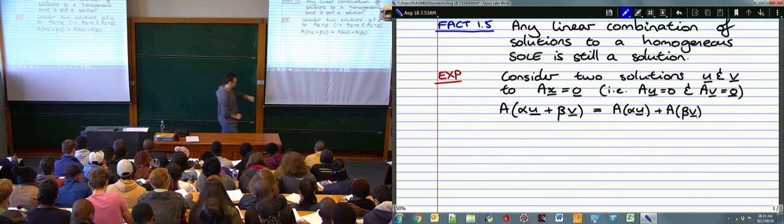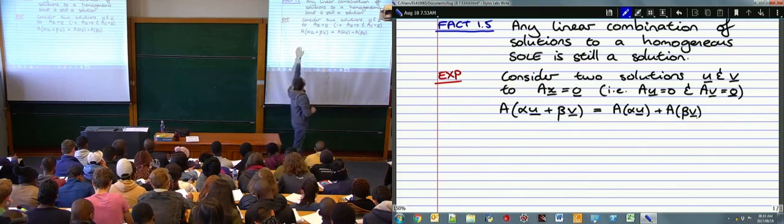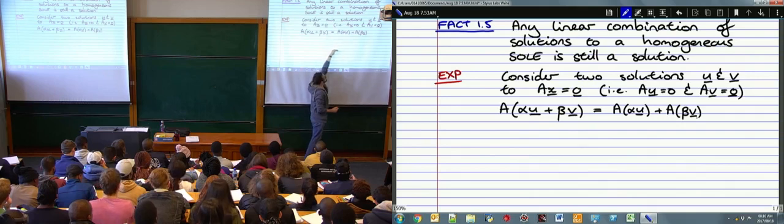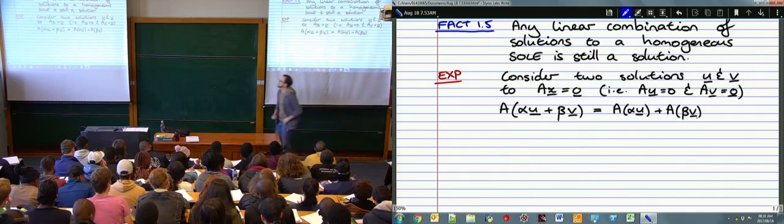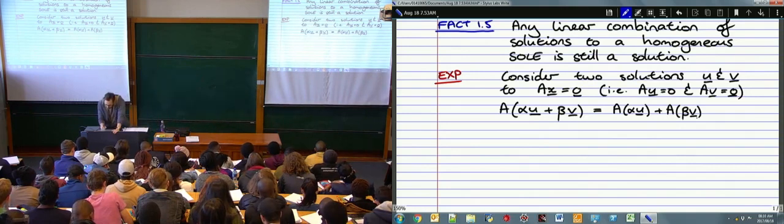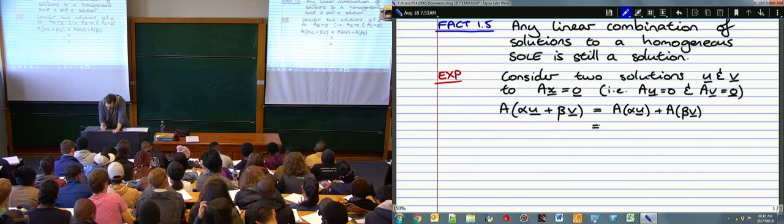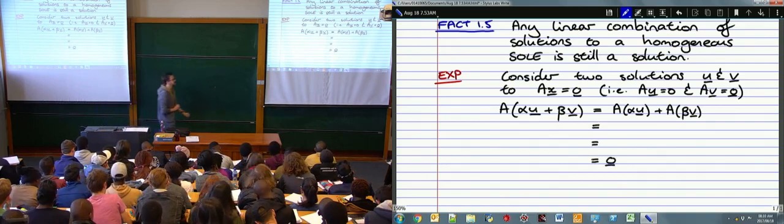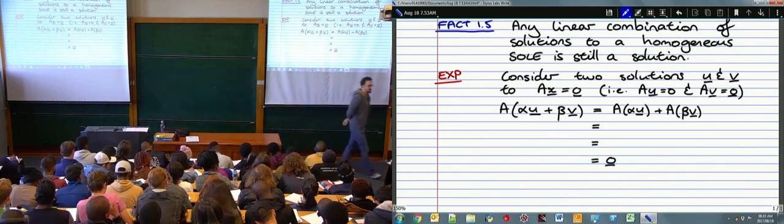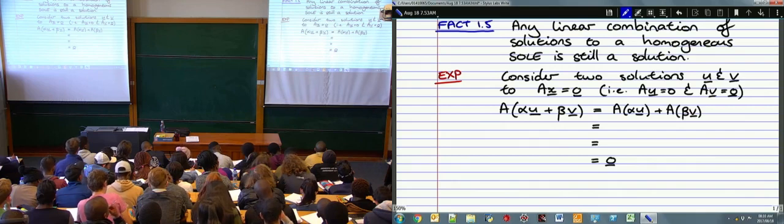Now there may be two lines you want to write underneath this. Convince yourself that this is equal to this, is equal to this, is equal to 0, is what we're eventually hoping to write here. So take a minute and see if you can fill in what should go in those two lines in that little gap.